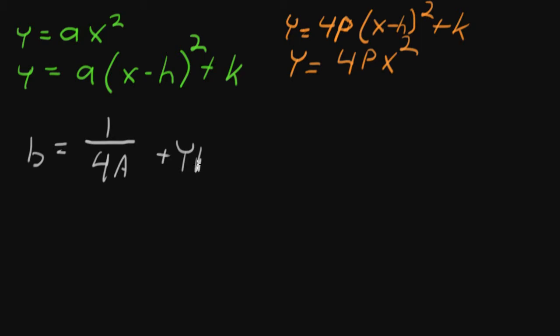That's supposed to be a sub 1. I forgot my eraser doesn't work the way I want it to on this one. Plus y1. And you'll see that you've got this 4 here, and you've got this 4 here.